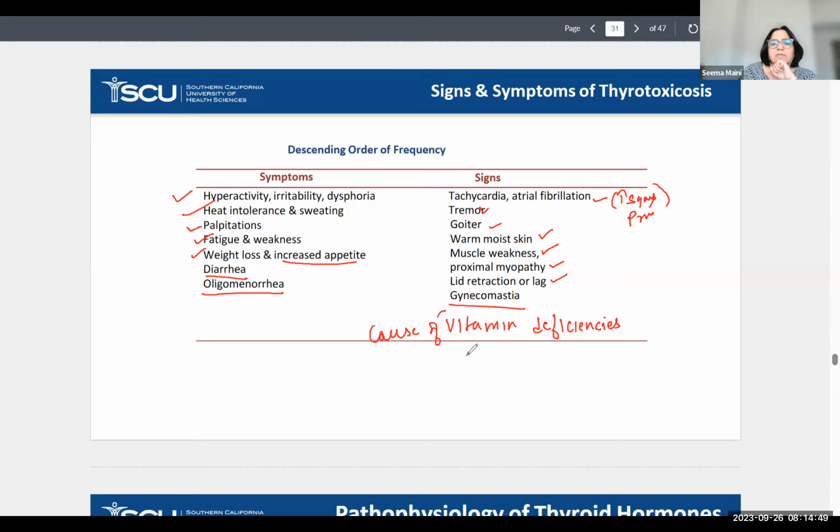Signs of vitamin deficiencies. What do you think is the cause of vitamin deficiencies in hyperthyroid patients?